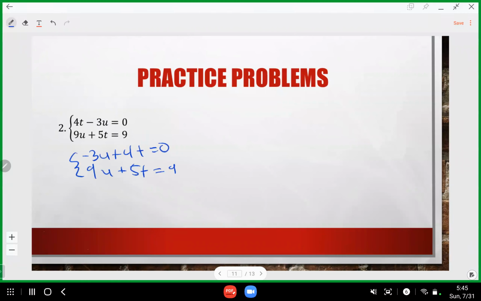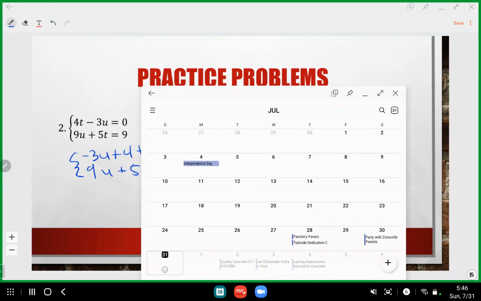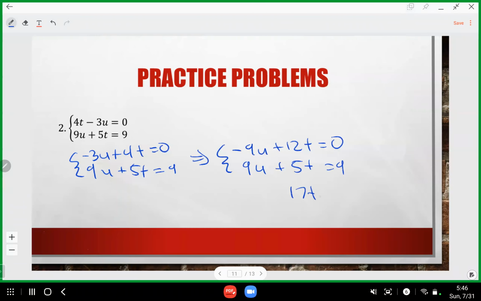All right, so let's multiply the first one by 3. You get negative 9u plus 12t is equal to 0, 9u plus 5t is equal to 9. And if you add these equations, you're going to get 17t is going to be equal to 9, because the u's cancel out. And then t is going to be equal to 9 over 17.